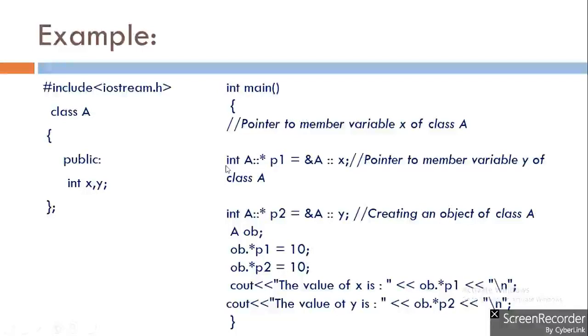So we have to write first the data type of data member X, then the name of the class with scope resolution and asterisk symbol, and then the name of a pointer, that is P1 here, equal to address-of operator with the name of the class, scope resolution, name of the data member.